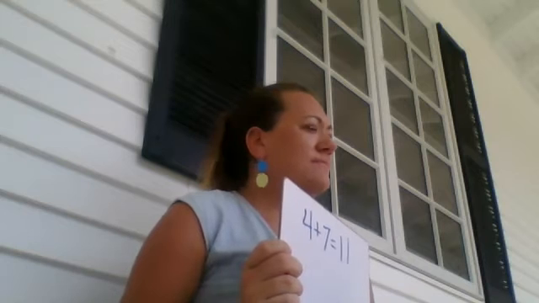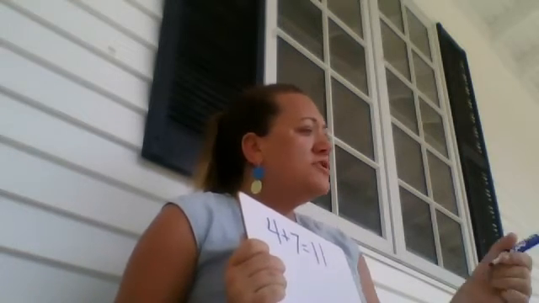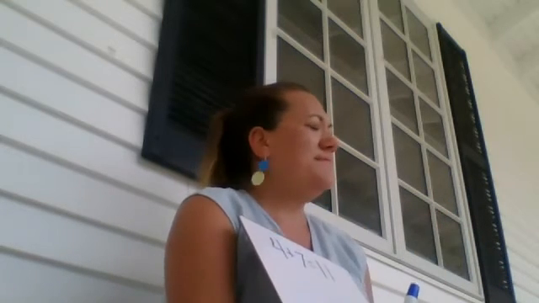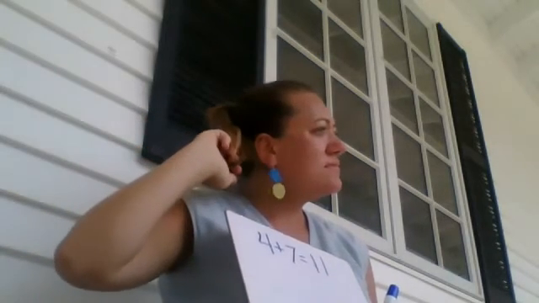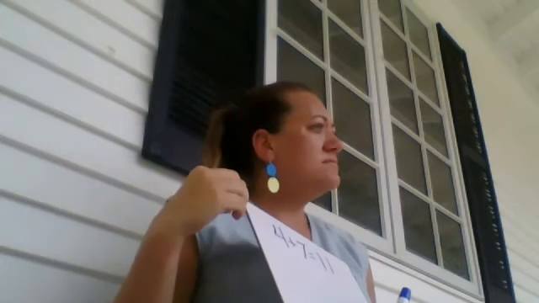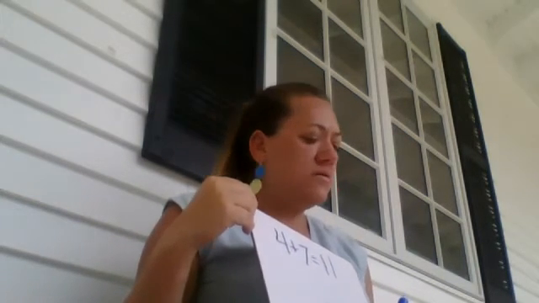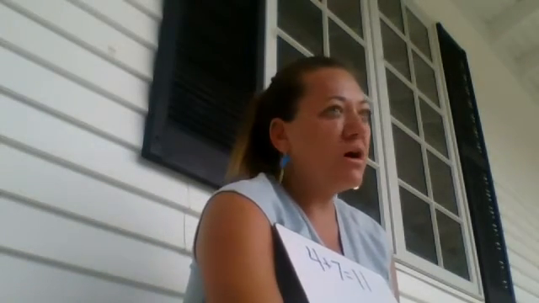The 7 will be a 6, but the 4 will be a 5. So you do 6 plus 6, and that's 12. So you do 1 below, so that must be 11. Well, without even realizing it, you were doing the commutative property.